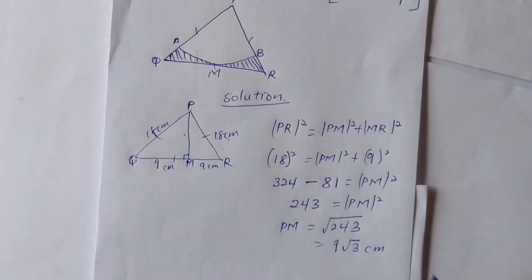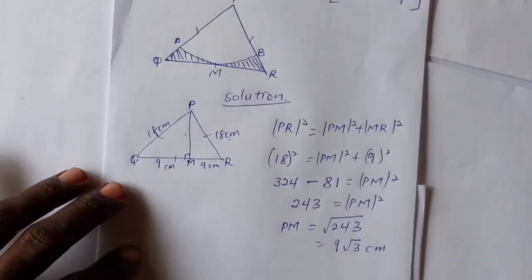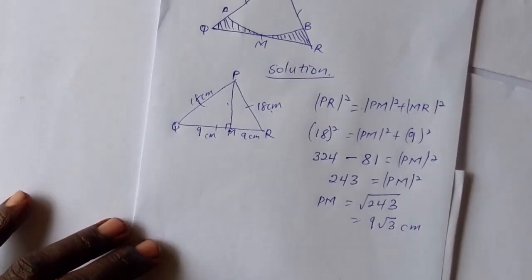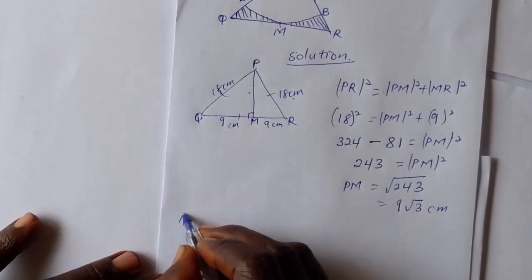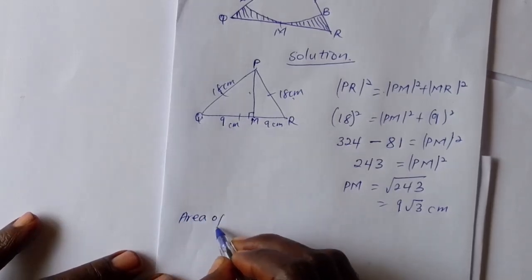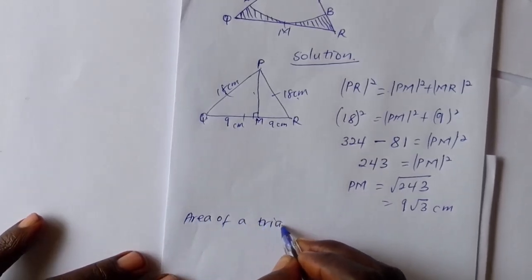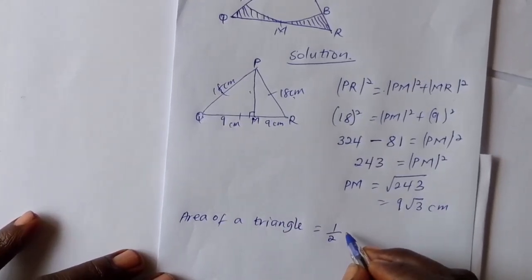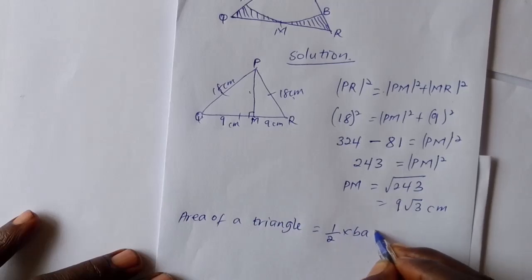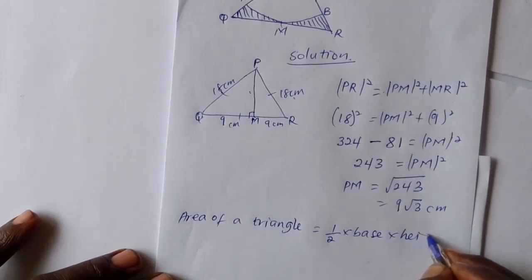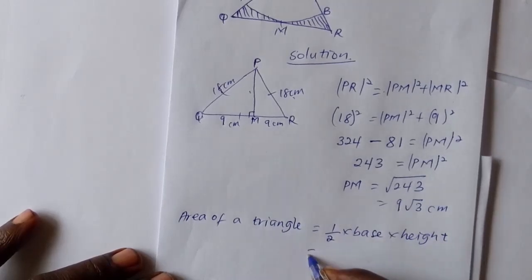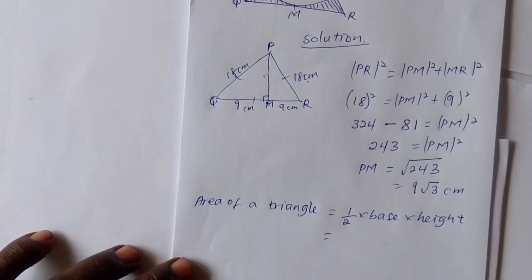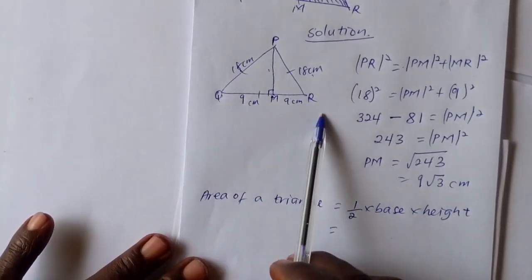Now with PM here, we can find the area of the triangle itself. What is the area of a triangle? The area of a triangle is given by half base times height. Now, what is the base of this triangle? The base is QR.